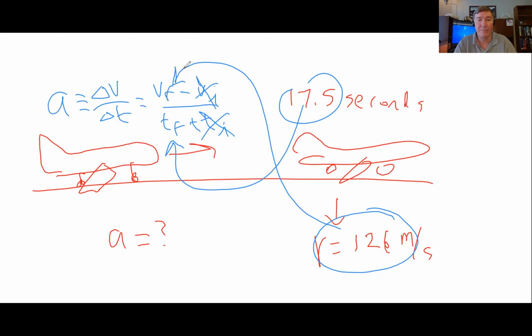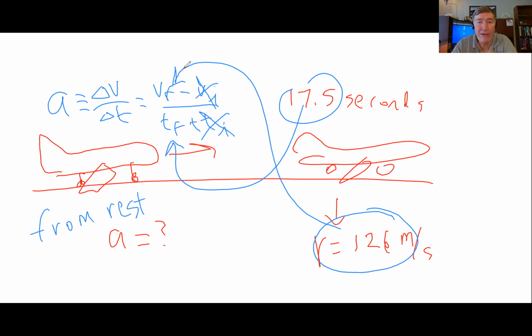Why is v initial 0? Like I understand that it's 0, but I'm not exactly sure why. Well, the only reason it's 0 is because whoever made up the problem said that the airplane started from rest. So if you hear them use the words from rest, that's their way of telling you that the initial velocity is 0.